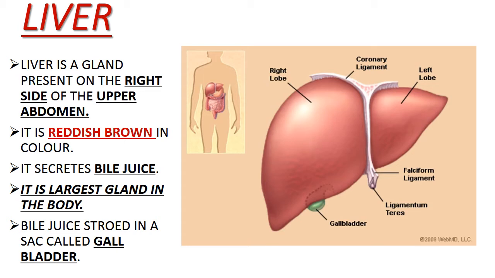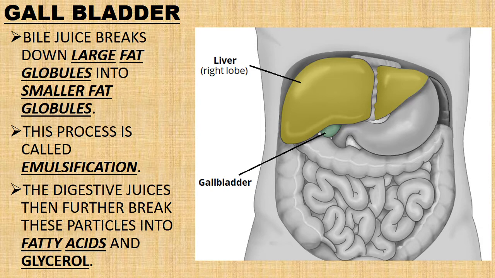Our next slide is about gallbladder. As I have told you, bile juice is stored in the gallbladder, and the main function of bile juice is that it breaks down the large fat globules into smaller fat globules, which are easy to digest.